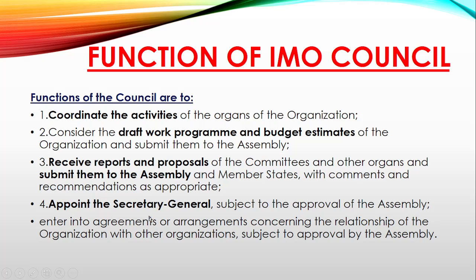As you can see, the approval work is basically done by the assembly, but the background work and background check and everything is done by the council. The council is doing all the background work and presenting it to the assembly for approval.